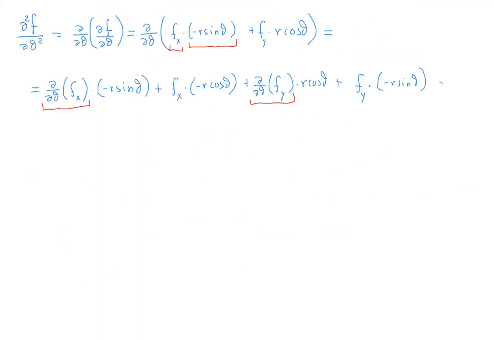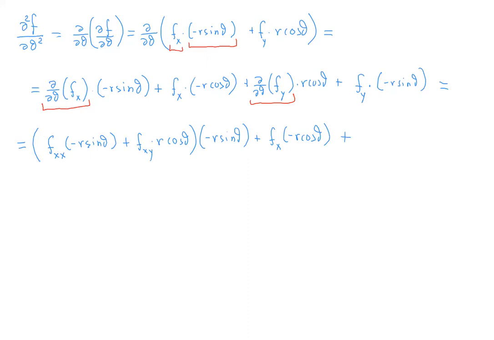So this is going to be f sub xx times negative r sine theta plus f sub xy times r cosine theta, the whole thing multiplied by negative r sine theta, plus f sub x negative r cosine theta, plus, and now let's do it for the second component.